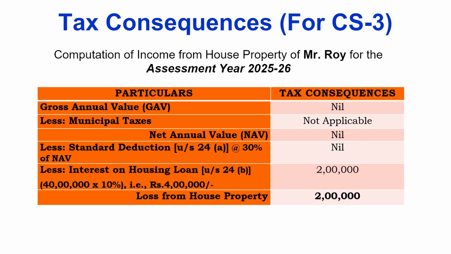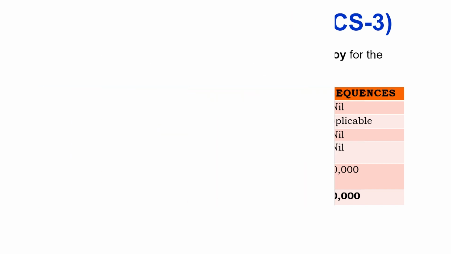Here it is 4 lakhs, but as we know, it must be restricted to 2 lakhs. So naturally we will get a deduction of 2 lakhs. Finally, we got loss from house property as 2 lakhs.